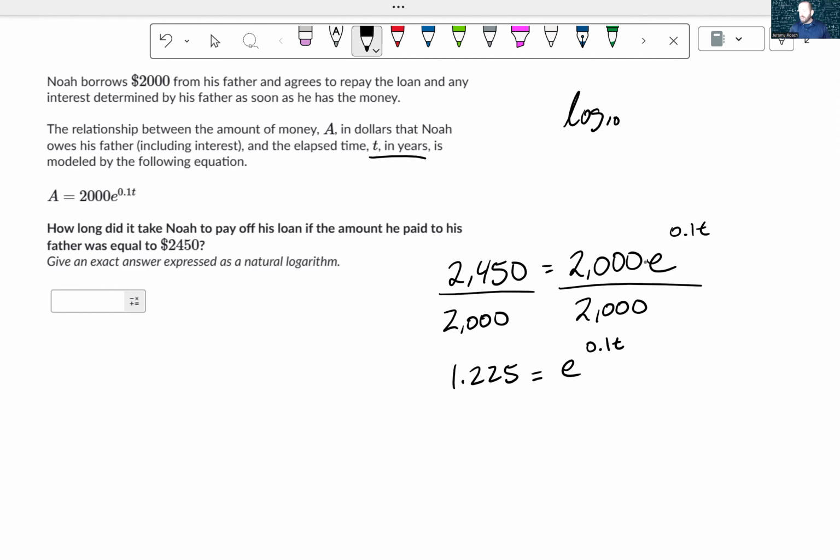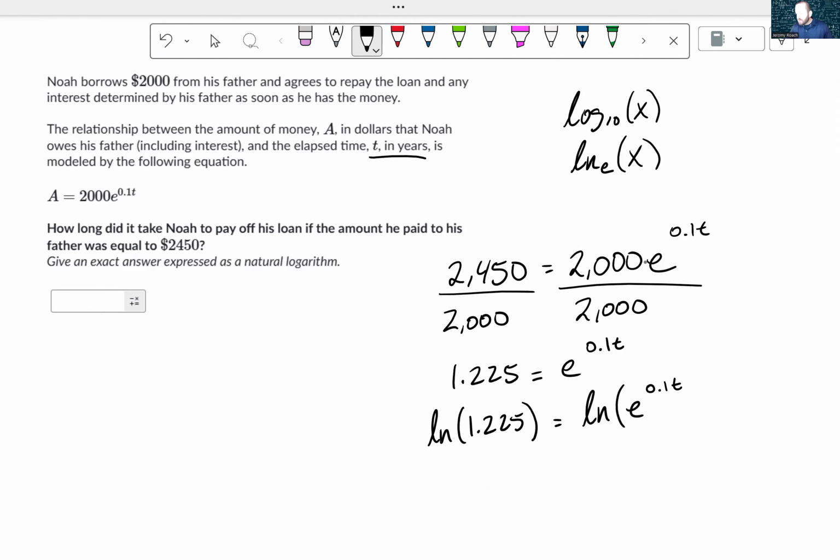And you can also calculate natural log, base e, very easily. So we're going to take the natural log of both sides. The same basic rules apply. So we're going to say ln of 1.225 is equal to ln e to the 0.1t.